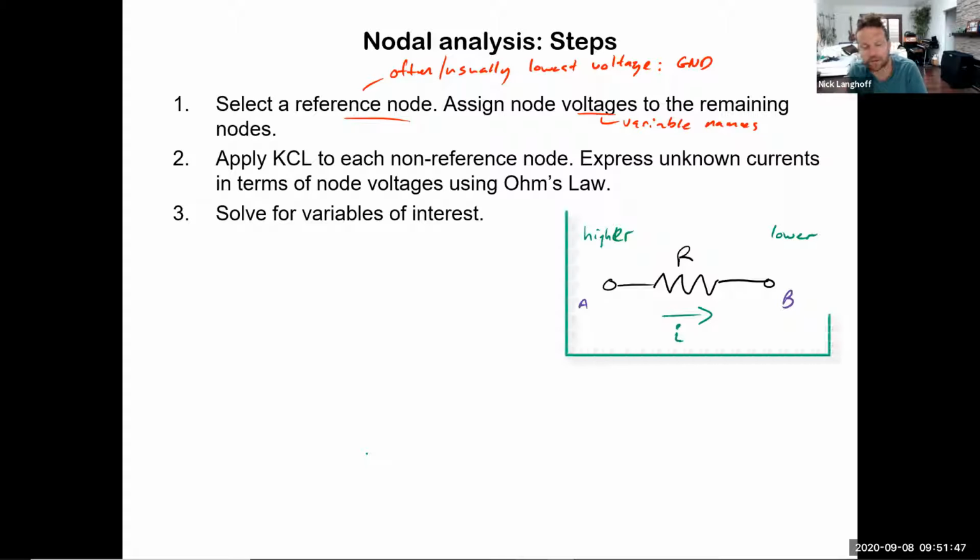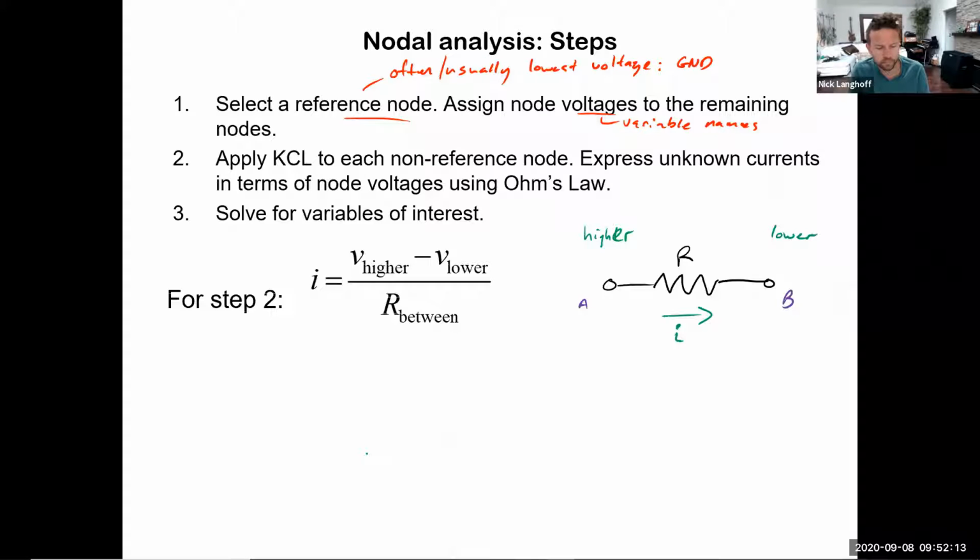So take a look at the resistor on the right. It's connected to two nodes, nodes A and B, that we've arbitrarily labeled. Let's just say that node A is at a higher voltage than node B. So node A is the higher voltage, node B is the lower voltage. Therefore, the current I would be flowing from A to B because it's going to flow to the lower potential. All right.